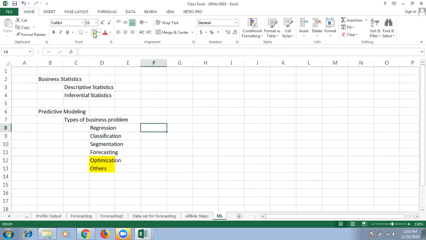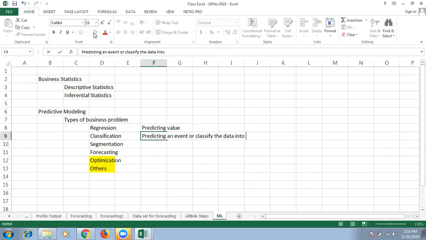And if you understand the regression, this is a predicting a value problem. And classification is predicting an event, or predicting or classifying the data into predefined groups. Correct? Yes or no?